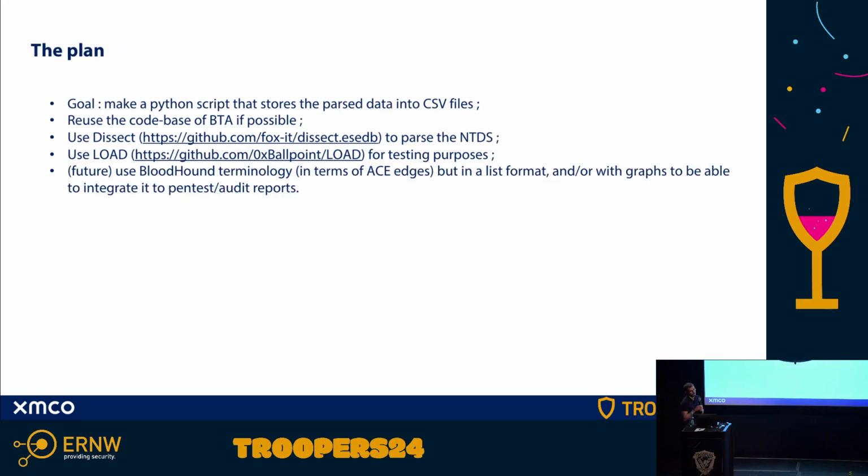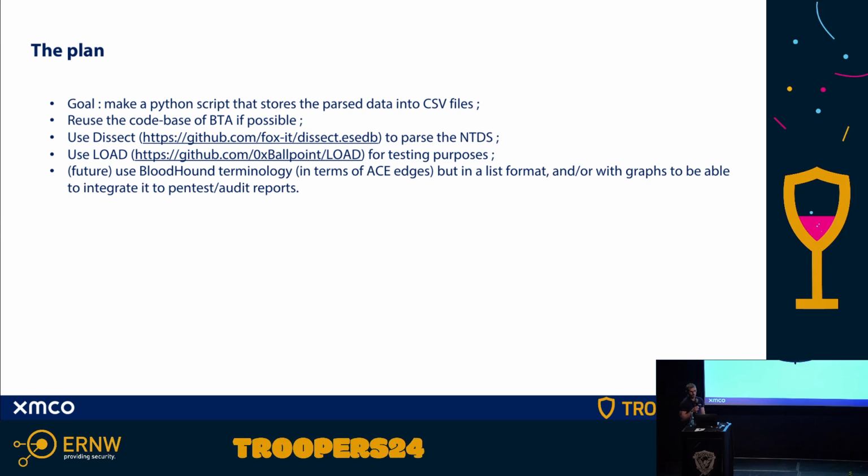So what was our plan to tackle the SD table, how to parse it, and how to identify potentially vulnerable ACLs through the analysis of the NTDS. Our goal was to make a Python script to do that, because in our company we mostly use Python, and it's easy to code in Python.